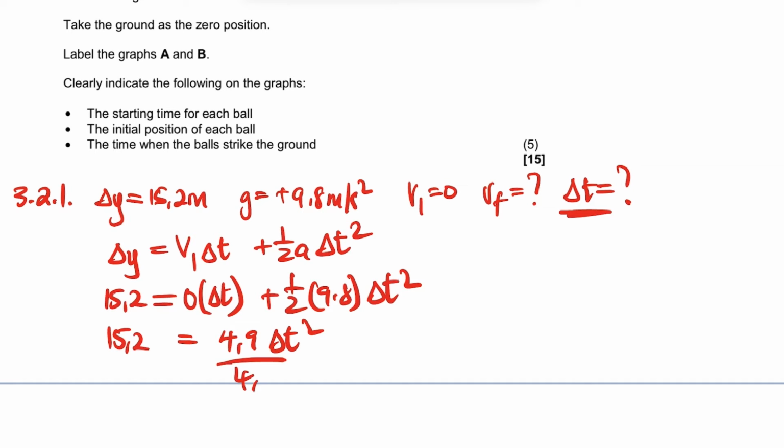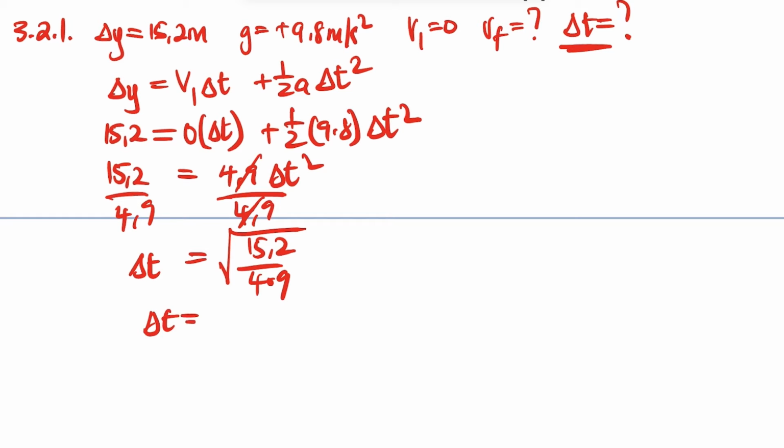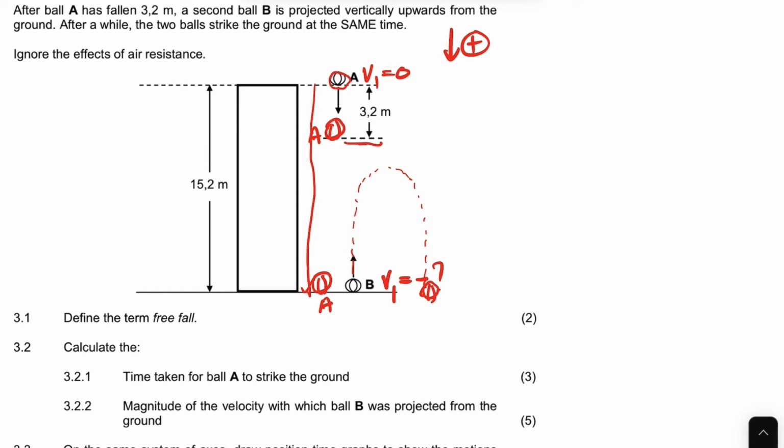We divide both sides by 4.9, and we have change in t is equal to the square root of 15.2 divided by 4.9. The answer is 1.76 seconds if you punch that in the calculator. This is the whole time that ball A has traveled from the top of the building to the ground.